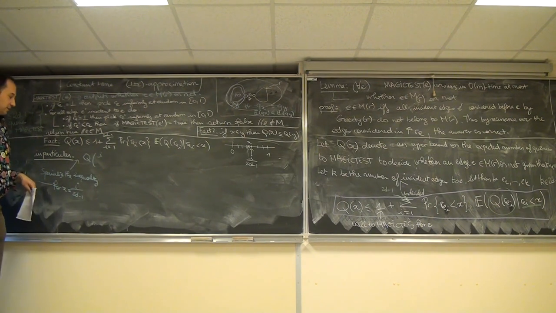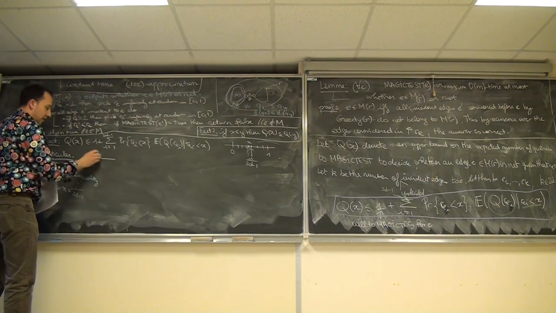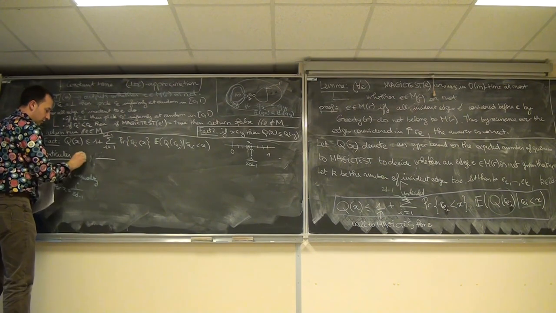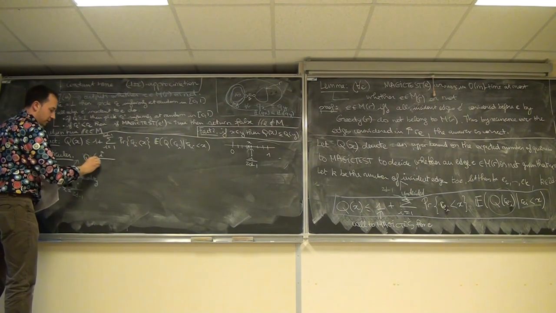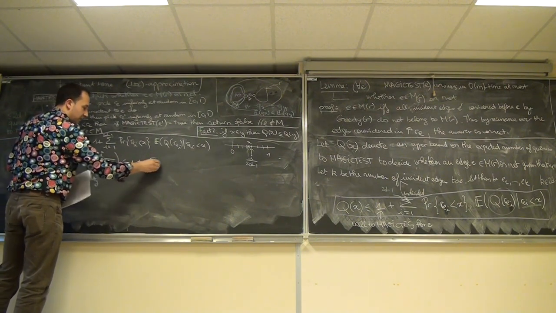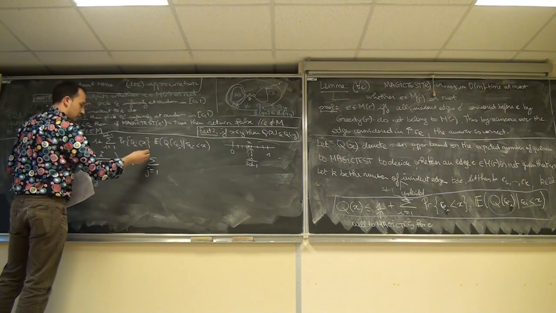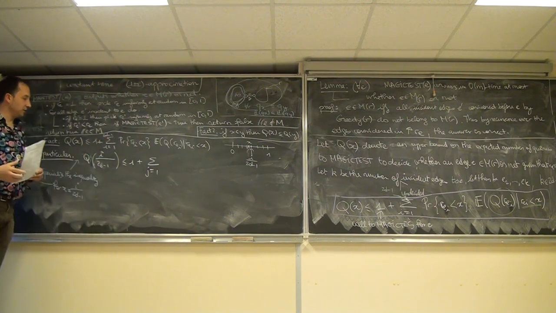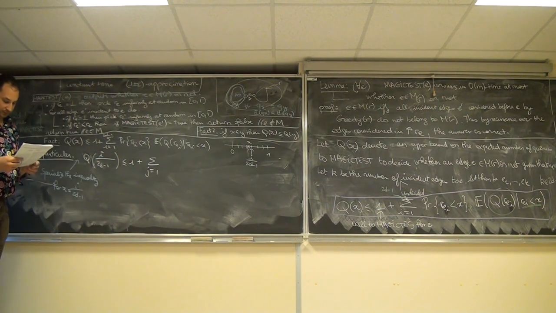Okay, we specialize that. So what do we know? We know that Q of I over 2d minus 1 is less than 1 plus the sum from j to, so we don't need to go above I.